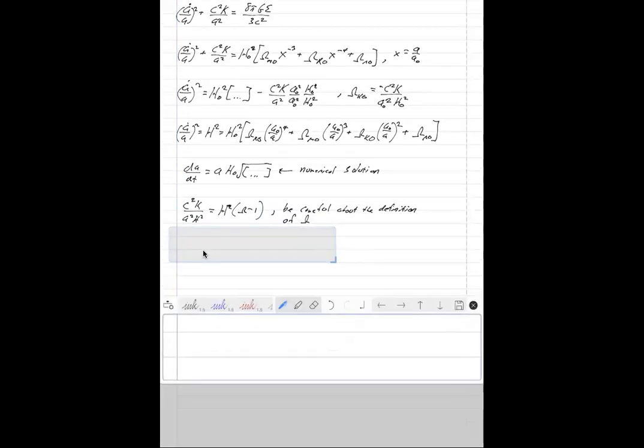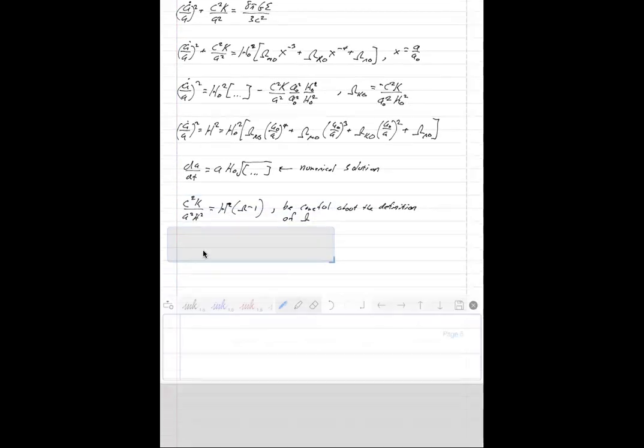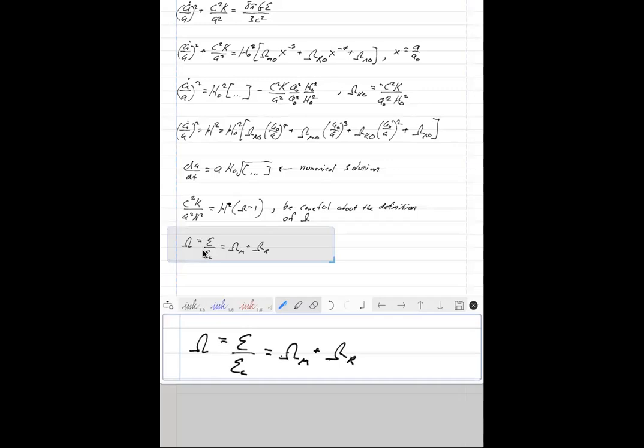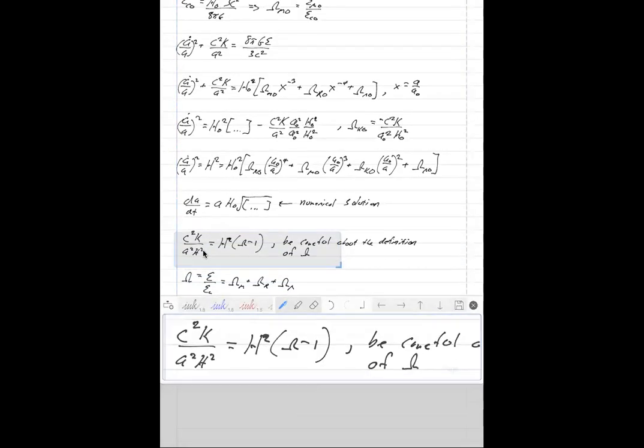So in this case, where I just wrote down this equation, omega is equal to the energy density divided by the critical energy density, which is equal to omega matter plus omega radiation plus omega lambda. And so that's the energy density. So that's what this expression is.